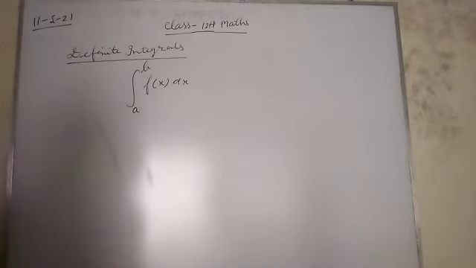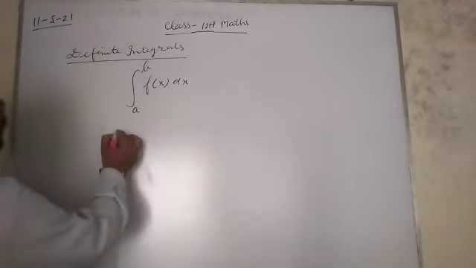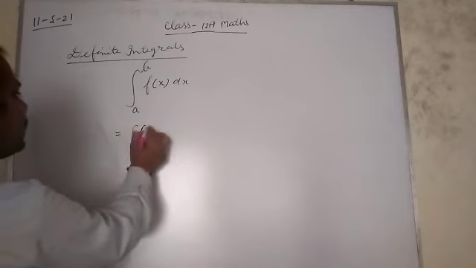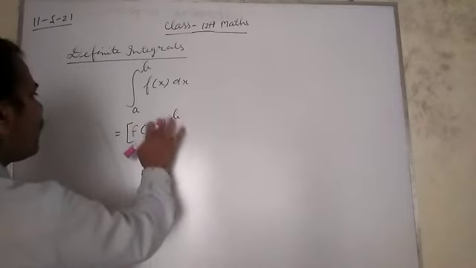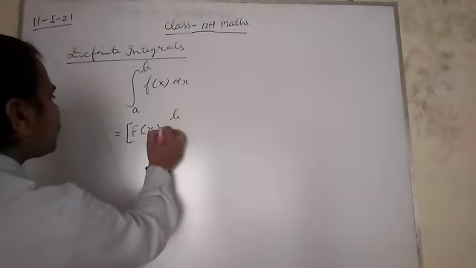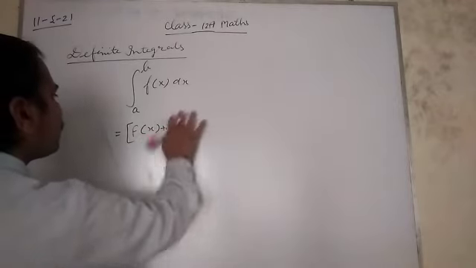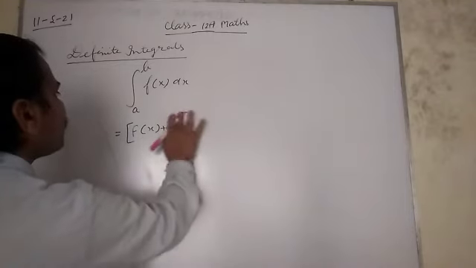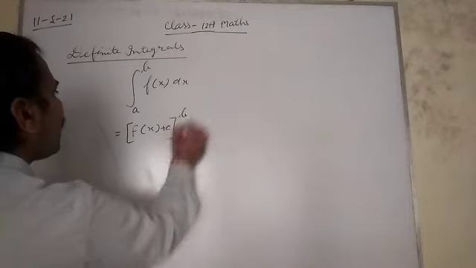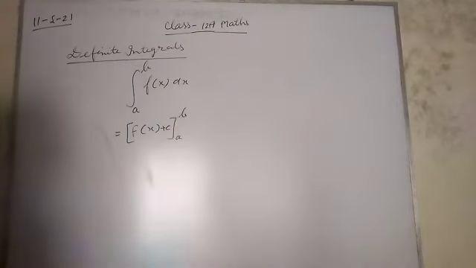This integral we have to integrate from a to b, so the boundary points are fixed. Suppose its integration is f(x) plus c, where a is the lower limit and b is the upper limit.